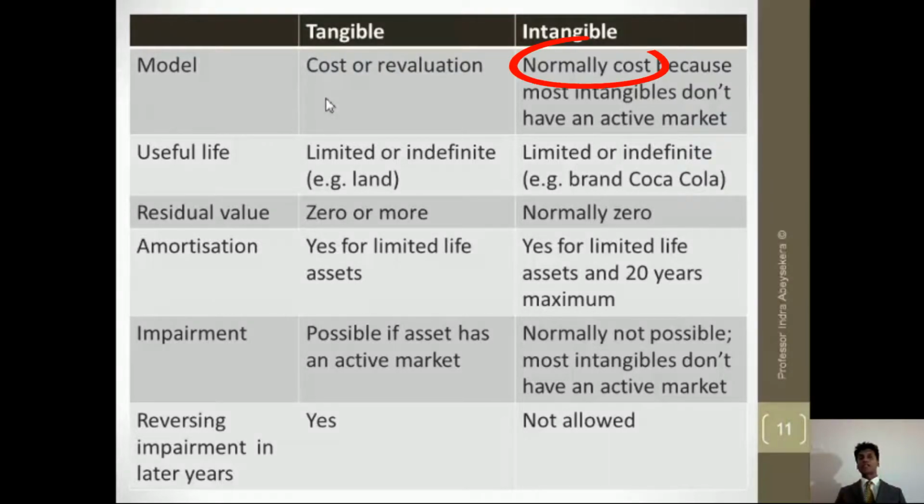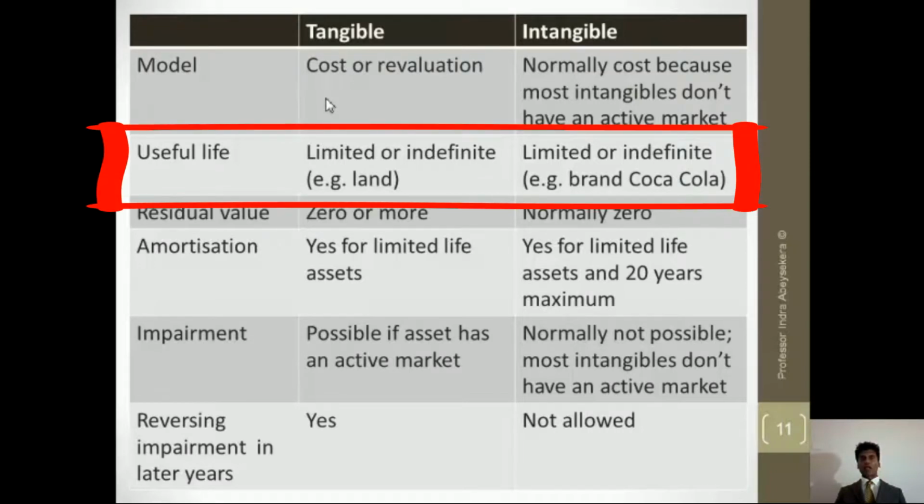So by default, intangibles use the cost model. Useful life: tangible assets have limited useful life, except for land, which has an indefinite useful life. Intangible assets can have a limited life or indefinite life. For example, a brand such as Coca-Cola is considered as having an indefinite life.